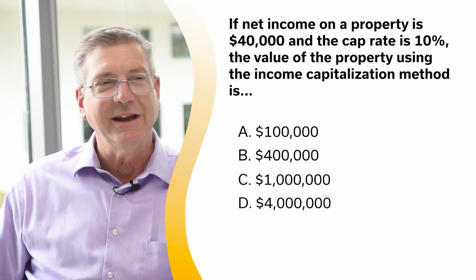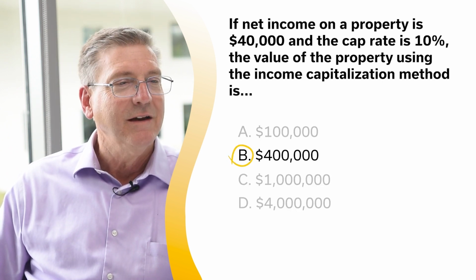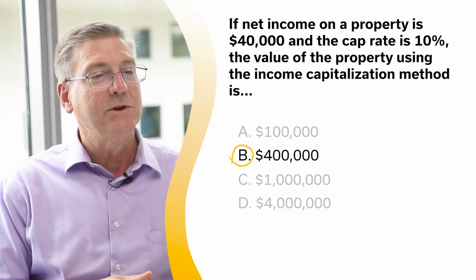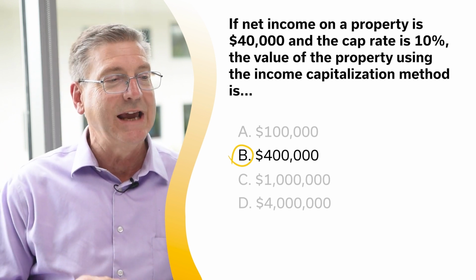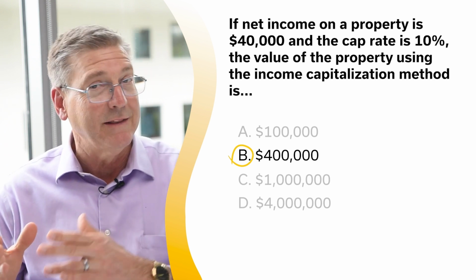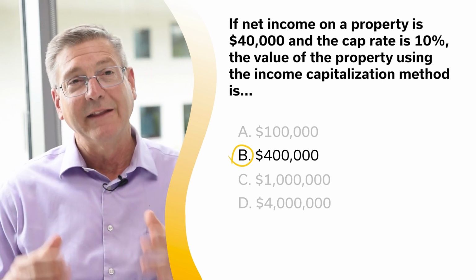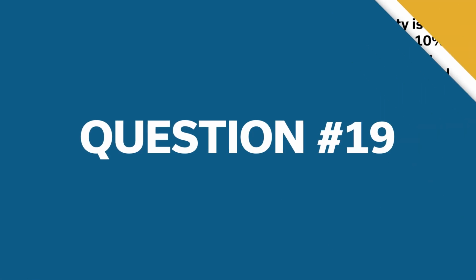The correct answer is B, 400,000. Value equals income divided by cap rate. So in this case, we take the income, 40,000, and divide that by the 10% cap rate, and that gives you a price or a value of 400,000.